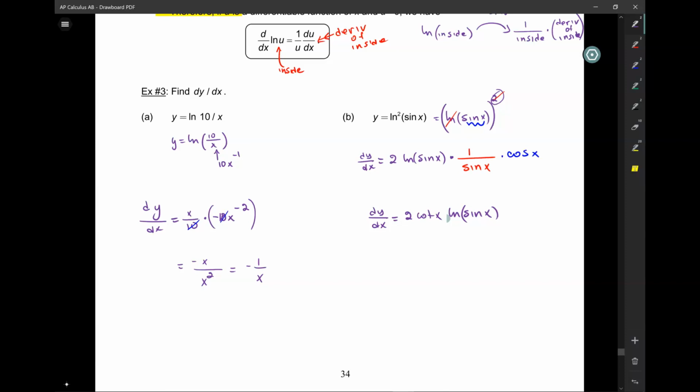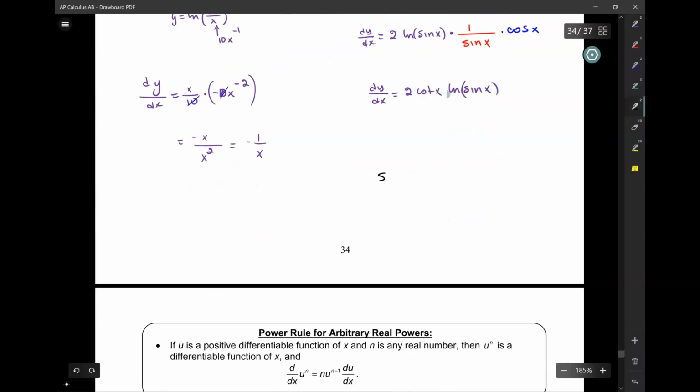Because look at this. If I have sine of x times cosine of x, and suppose x is equal to pi over 3, then what is this? Sine of pi over 3, cosine of pi over 3: root 3 over 2 times 1/2, root 3 over 4, right?